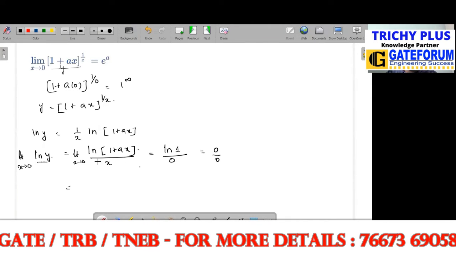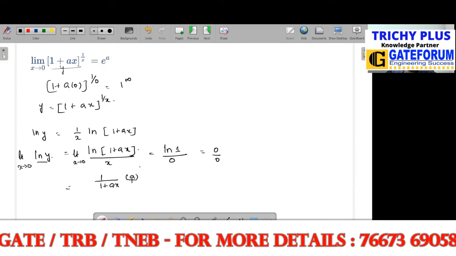Now tell me, what is the differentiation of ln x? It is 1 by x. So here we have 1 by 1 plus ax, and again we need to differentiate the inside term, that is nothing but a. Ln x is 1 by x, so instead of x we have 1 plus ax, and this term has to be differentiated.